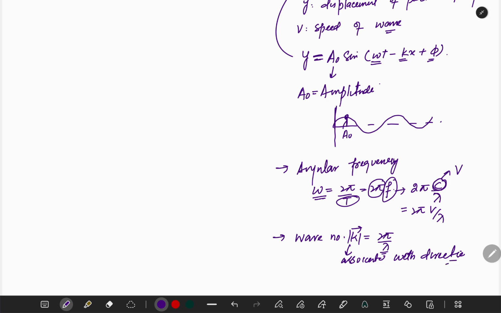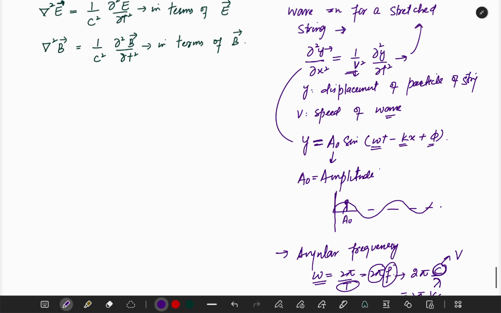In the next videos we'll see that we can represent the direction of propagation as a k cap, or write it as a k vector directly. So this is a vector quantity, and it will be very important.